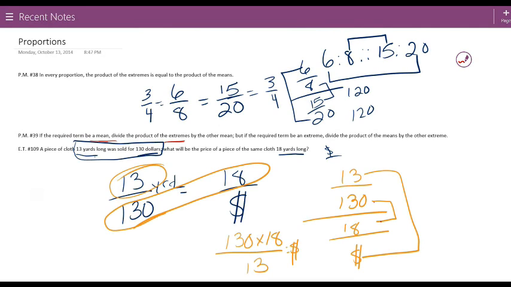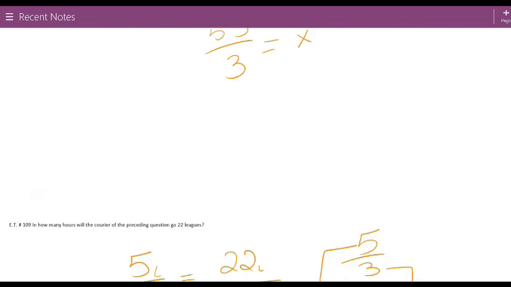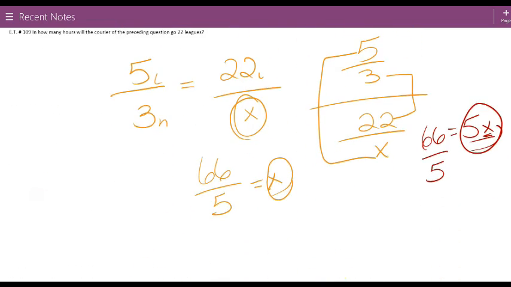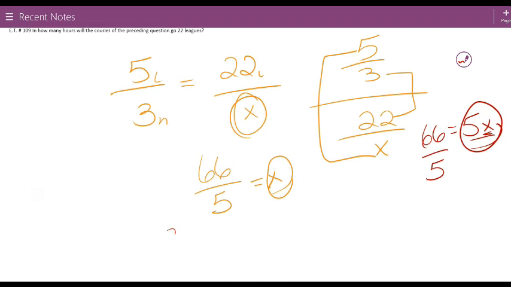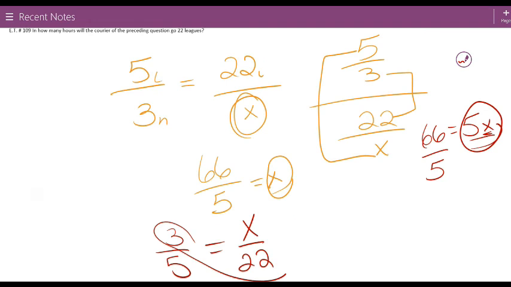And again, as you're setting this up, it really doesn't matter where the variables go. For instance, I could have 3/5 equals x over 22, and then those two still go together.